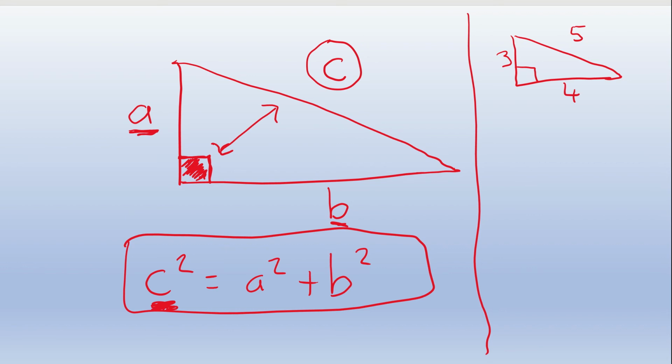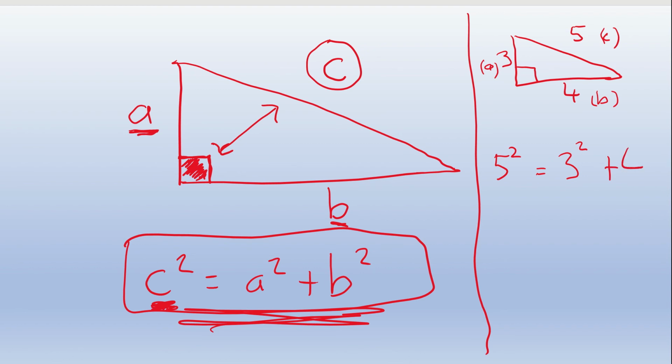Just to show you that, if we fill our numbers into our formula, I first label this triangle: my 5 is going to be my C, my 3 is going to be my A, and my 4 is going to be my B. If I substitute my numbers into my formula, I would get that 5 squared is equal to 3 squared plus 4 squared.